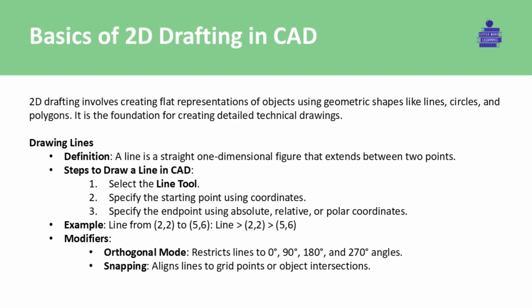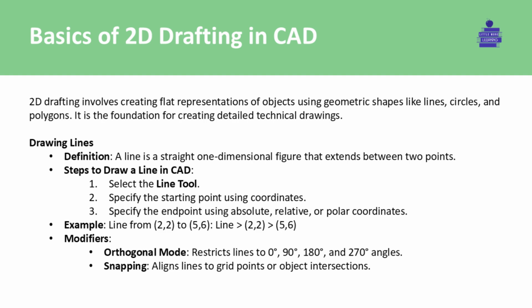Imagine you're building with digital Legos, but instead of blocks, you're using lines, circles, and shapes to create precise technical drawings. When drawing lines, we start by selecting our line tool. It's like picking up a perfectly straight digital pencil. We can specify exactly where we want the line to start and end using our coordinate systems.